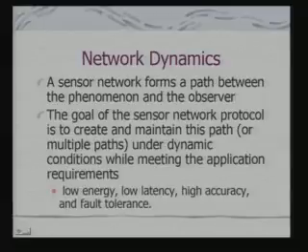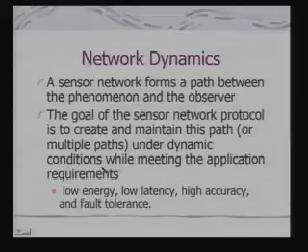The observer may fire a query at a particular node. In that case, the path gets determined, that is, I may track the target using nodes A, B, C, and the query may be fired at node G. So, the data aggregated should be transmitted to node G. Therefore, the goal of a sensor network protocol is to create and maintain this path or multiple paths under dynamic conditions while meeting the application requirements.